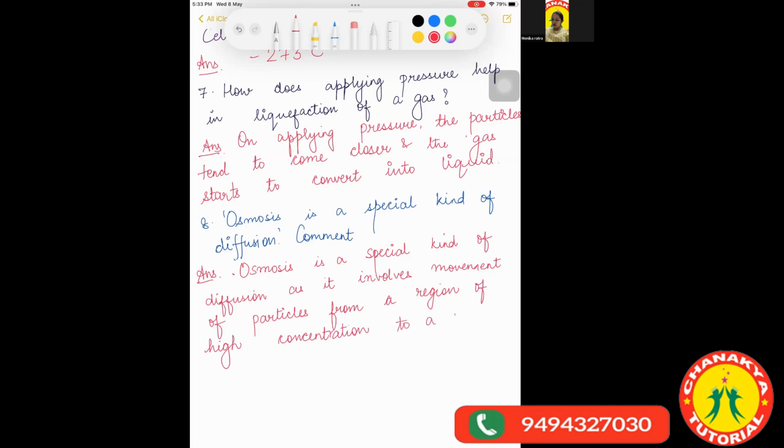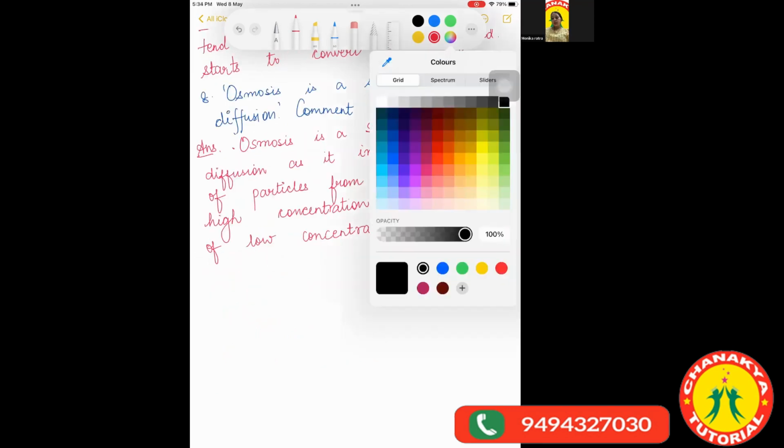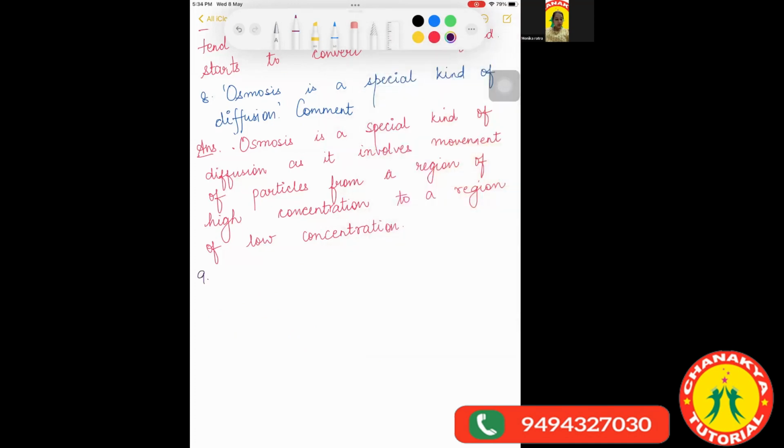This is what we had given as the definition of diffusion also, that the movement of particles from a region of high concentration to a region of low concentration. This was one definition, and another definition which we gave was that intermixing of particles is known as diffusion. Clear? Next question. Again, a very important question.